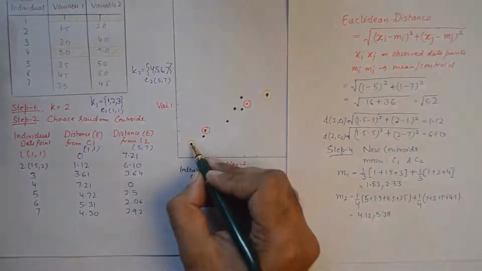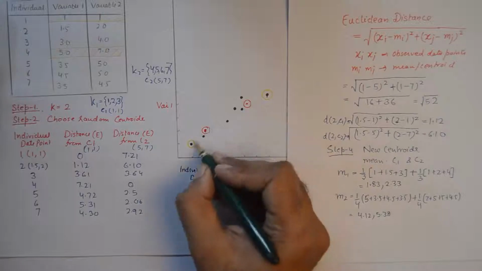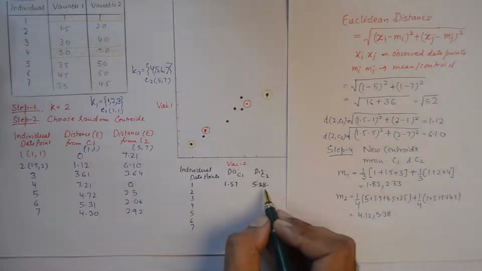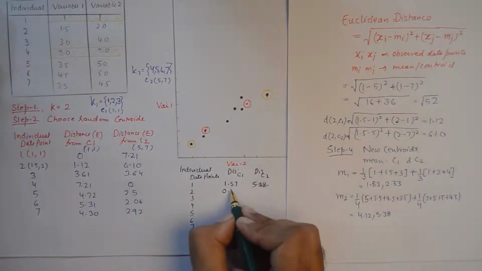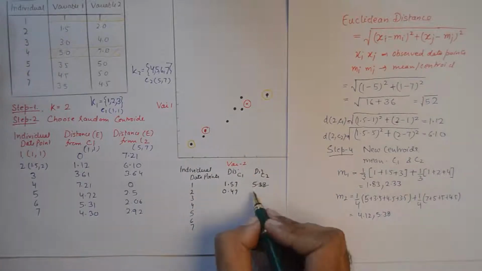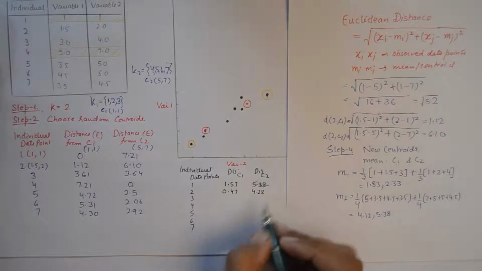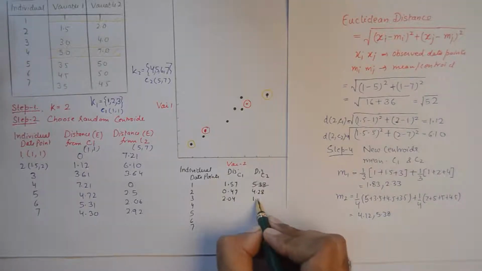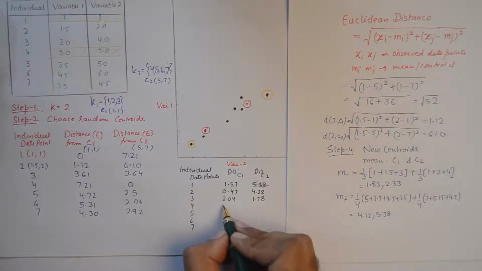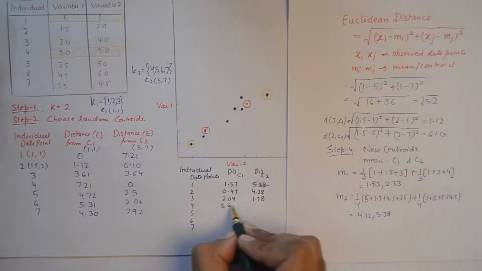This point is pretty far away from this red point, but it is closer to this red one. Then 2 is pretty close, so it has a distance of 0.28, then 2.04 and 78. I've already calculated these, so I'll substitute them quickly.